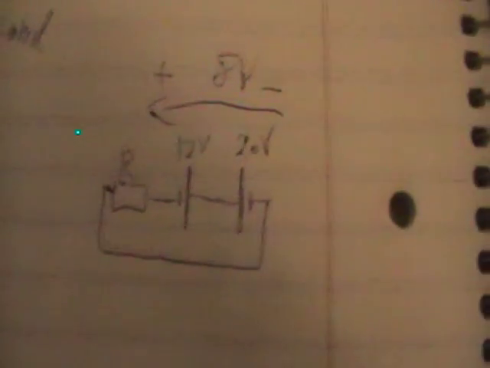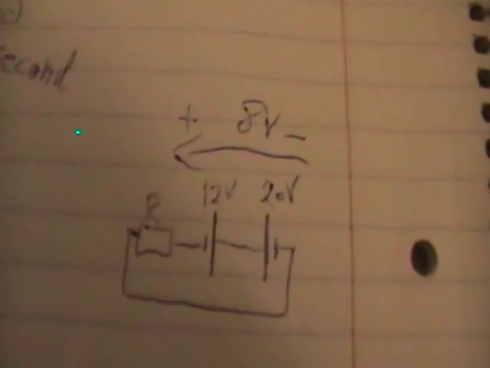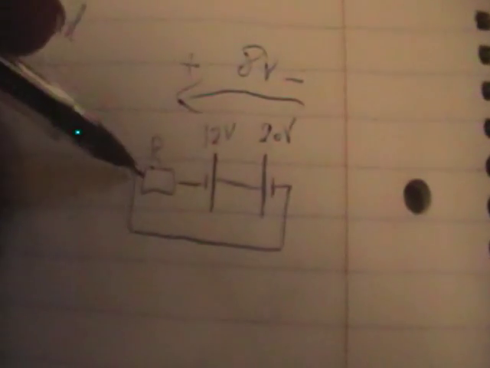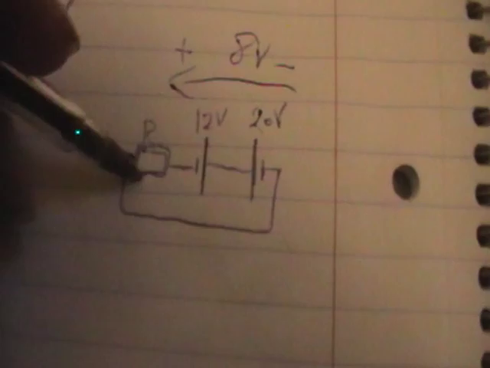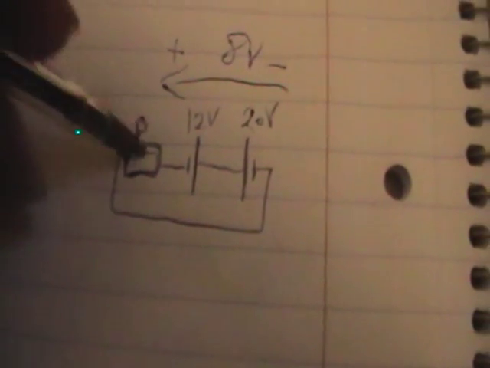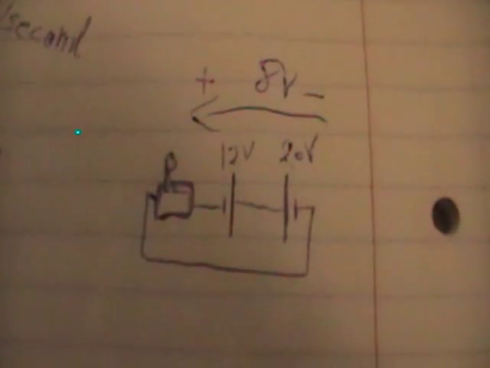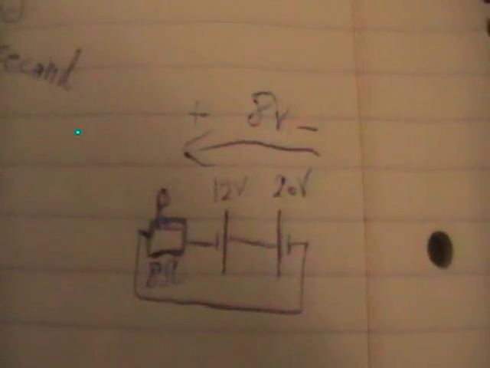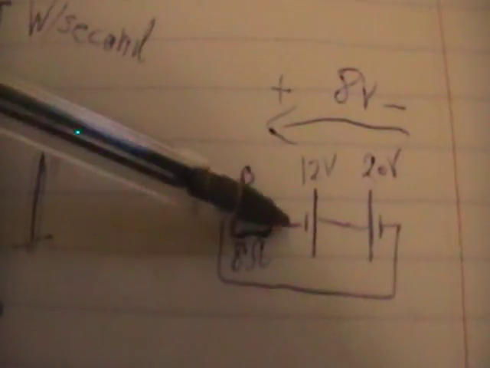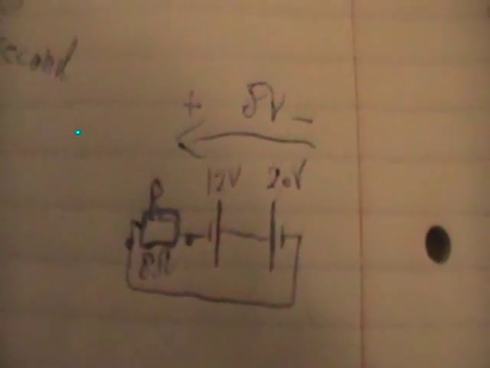You see? And the current will be decided by the difference in potential and resistance. Okay? So if we have 8 ohms, which is a measurement of electric resistance, and we have a potential from this point to this point of 8 volts, so we will have a flow of 1 ampere.